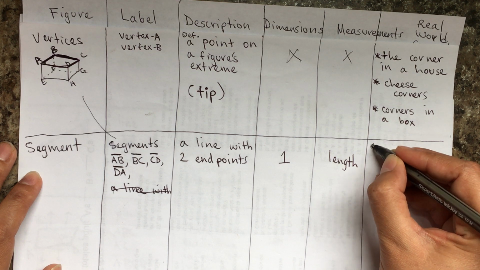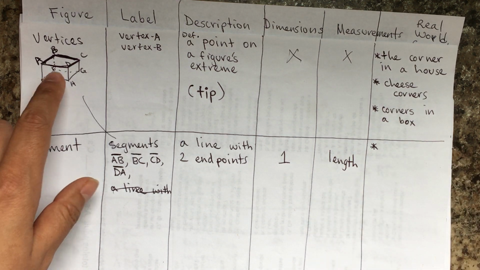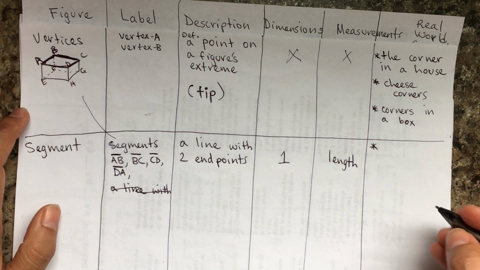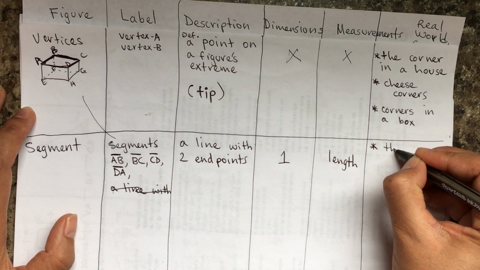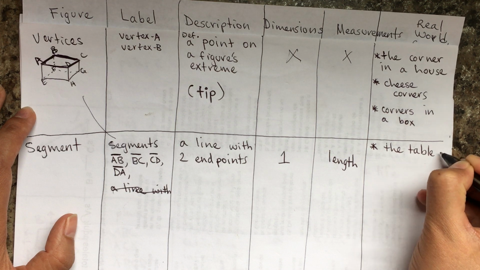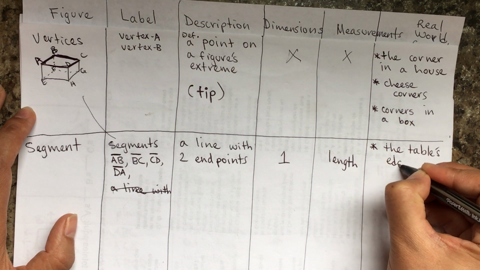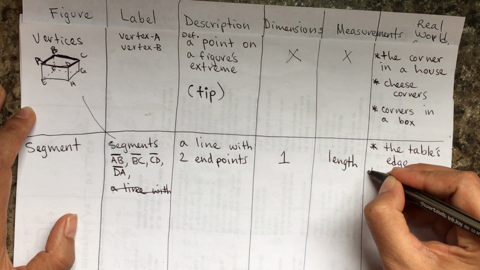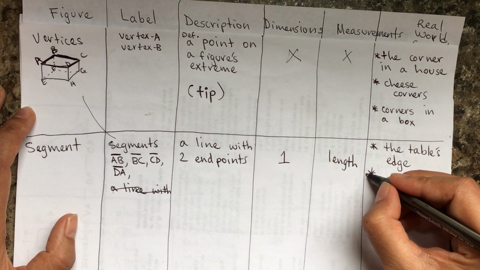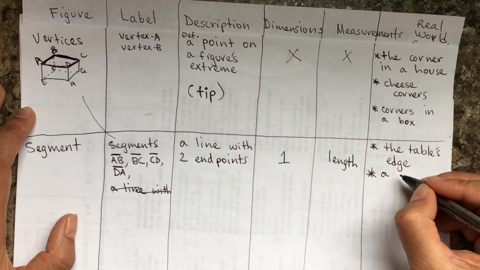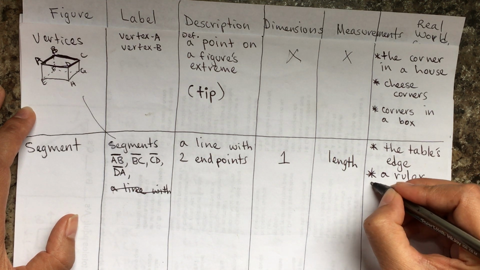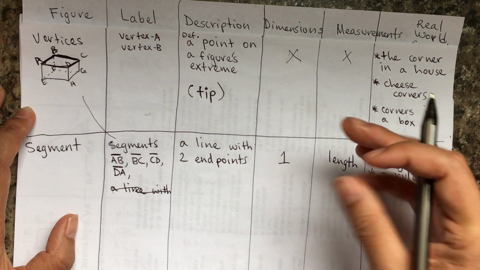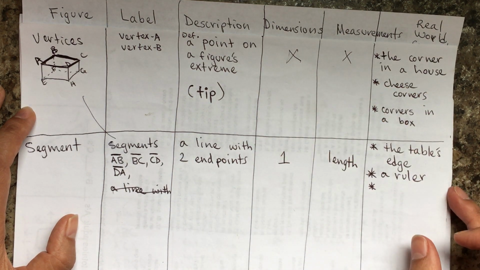What are some real-world examples? In the classroom, they said the table's edge. They also mentioned a ruler, although some say that could be a representation of a plane because it has a little bit of width.